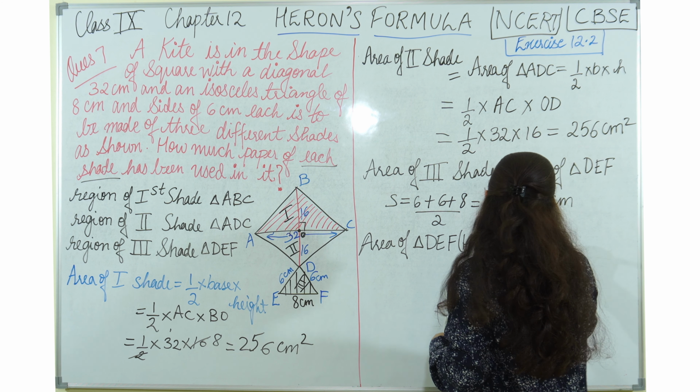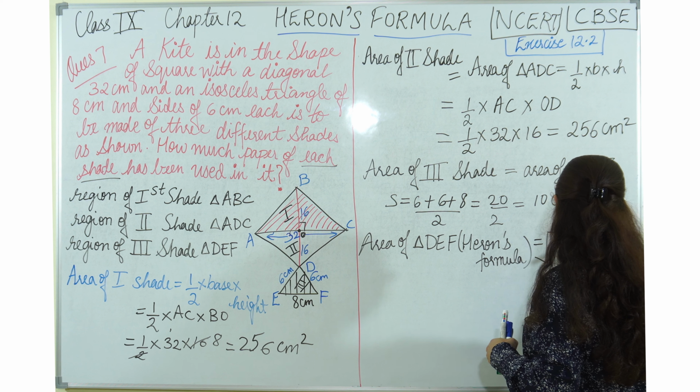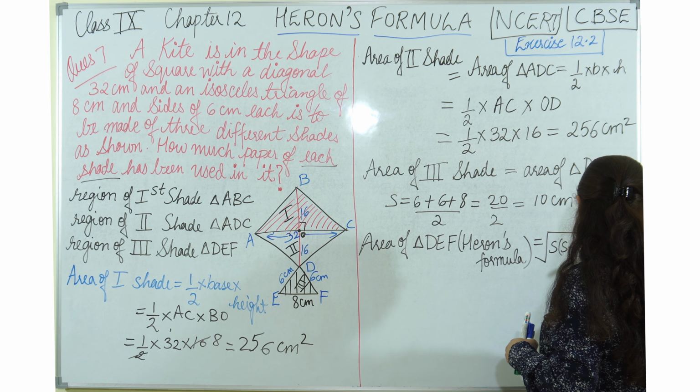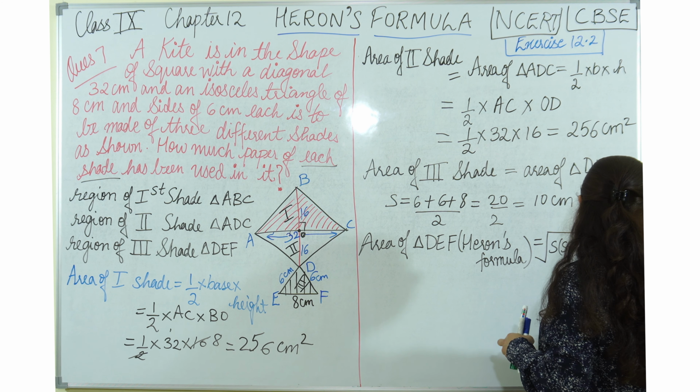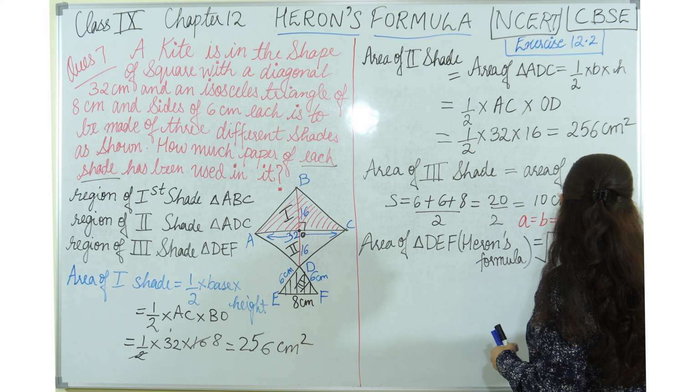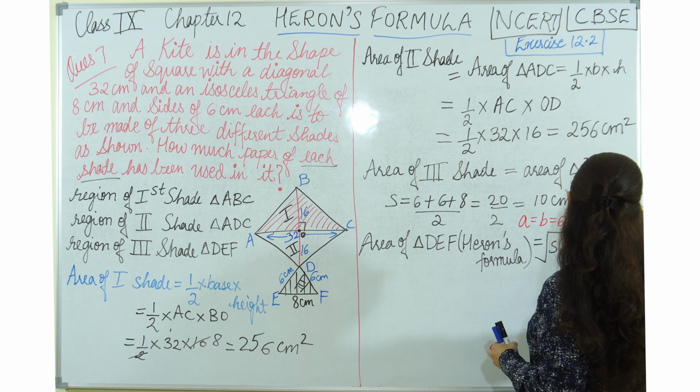It will be equal to under root S into S minus A, S minus B and S minus C. Here side A is equal to B is equal to 6 centimeter and C is equal to 8 centimeter.